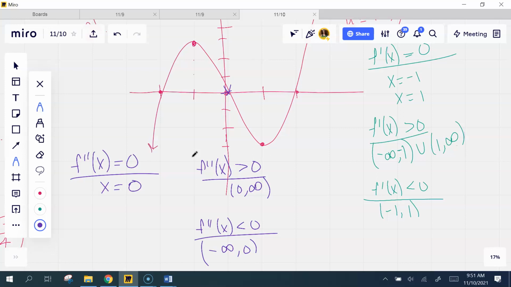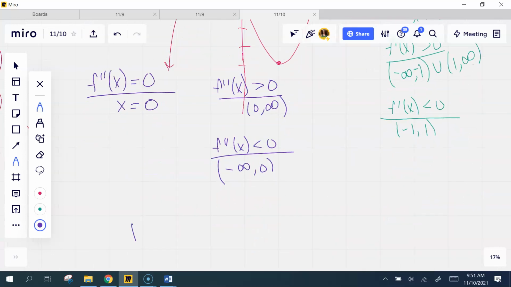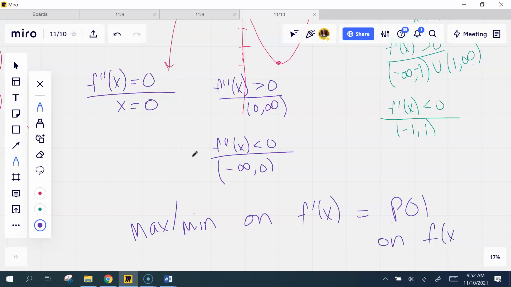Remember, maxes and mins on the derivative are points of inflection on the function. That is critical. We've already written that one time, but I'm going to write it one more time. Maxes and mins on the derivative are points of inflection on the function.